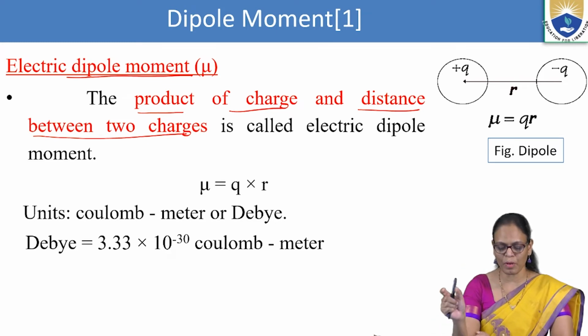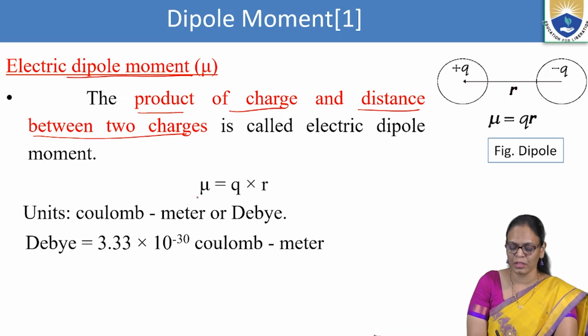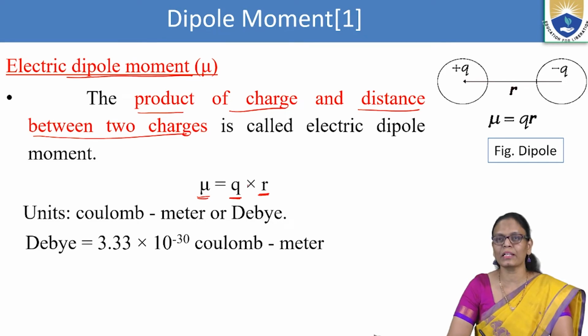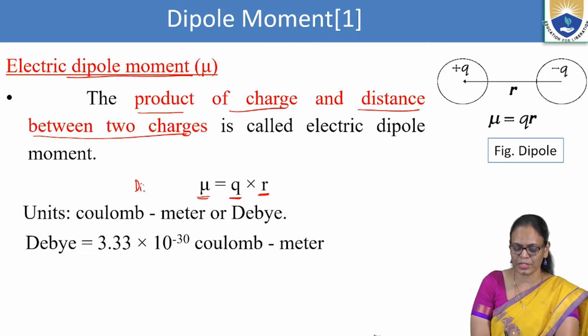The dipole moment is given by mu. Mu denotes the dipole moment, which is the product of q, the charge, and the distance between the two charges. Here we are taking only the magnitude of one charge, since they are the same in magnitude. We are not considering the direction here. So mu is the dipole moment or electric dipole moment.